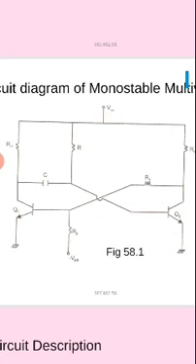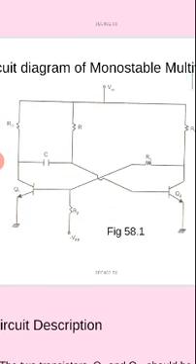Here the output of transistor Q2 is given to the input of transistor Q1 through resistor R1, and output of transistor Q1 is given to the input of transistor Q2 through capacitor C.